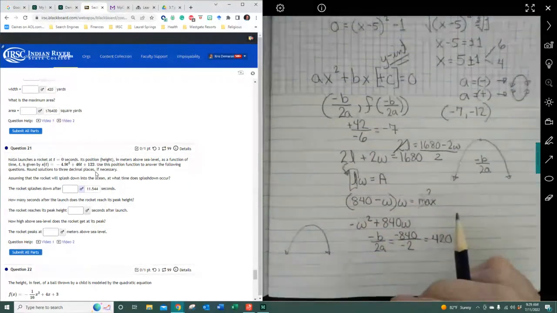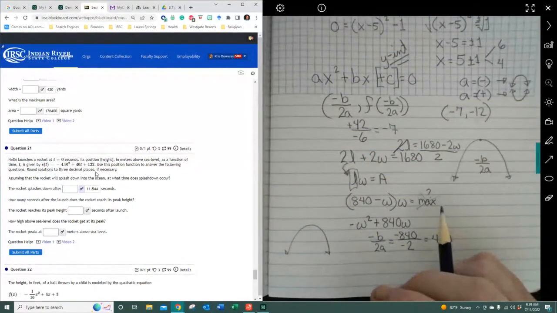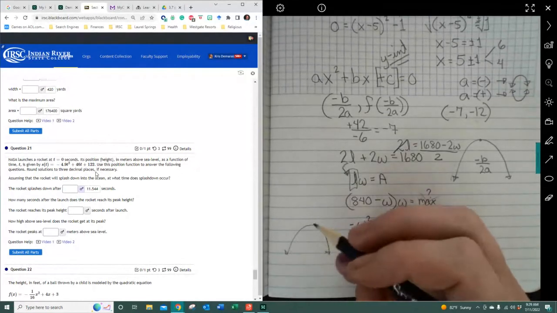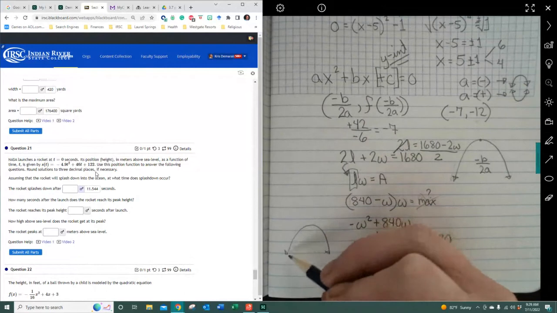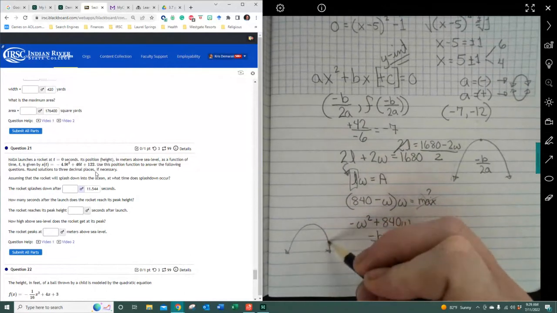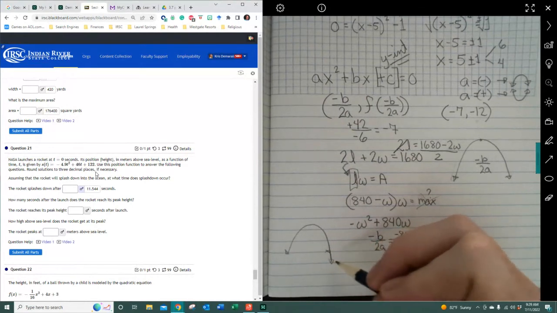The rocket is already up off the ground, on a pad at 120 something meters. And it comes down and hits the water.